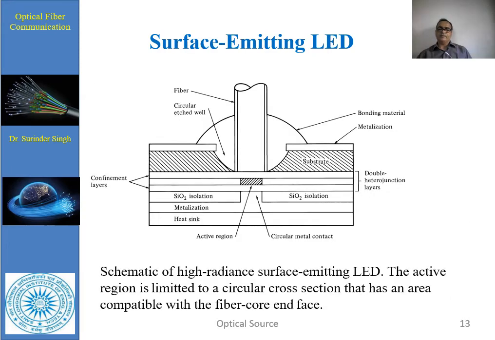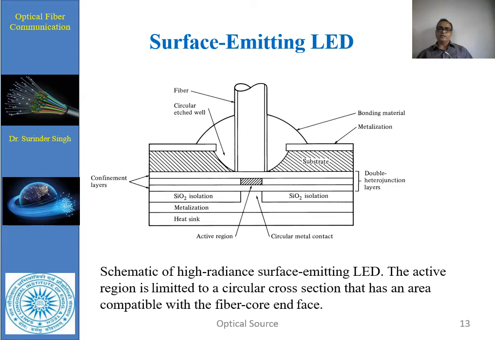Now, two types of LED are available: one is the surface emitting LED, another is the edge emitting LED. In this surface emitting LED structure shown here, this is the main active region where recombination takes place.